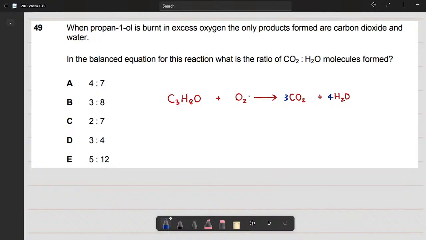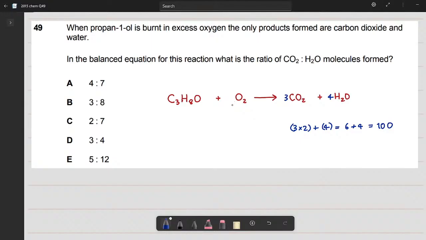Now to balance oxygen, I have 3 times 2 oxygen plus 4 oxygen, which is 6 plus 4, giving me 10 oxygens.